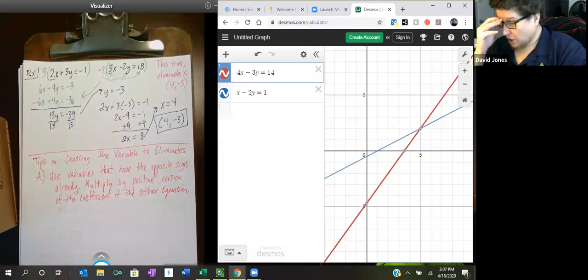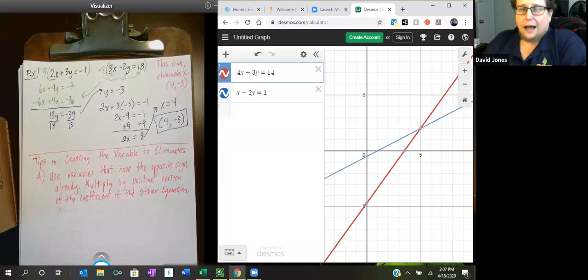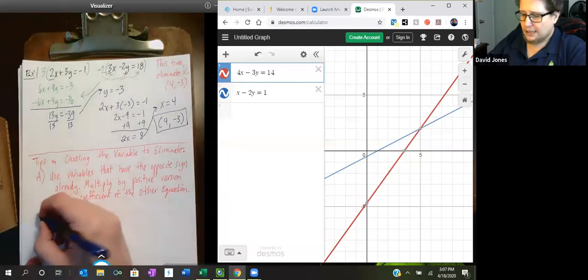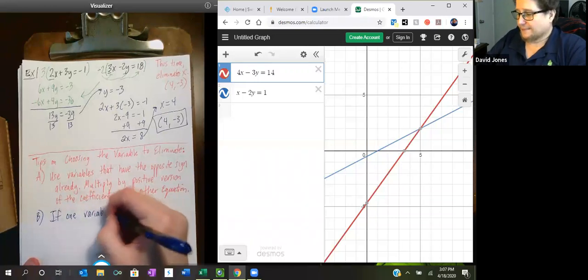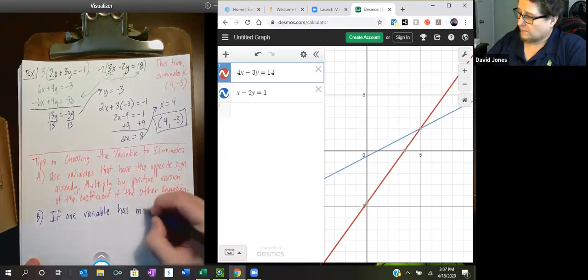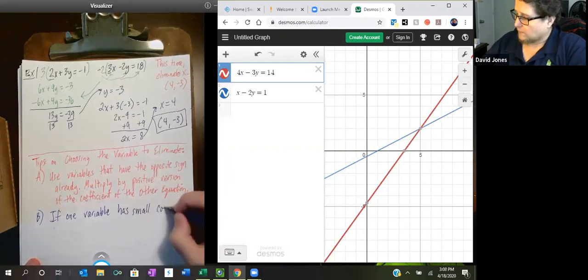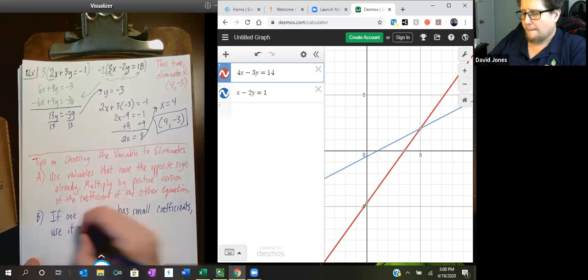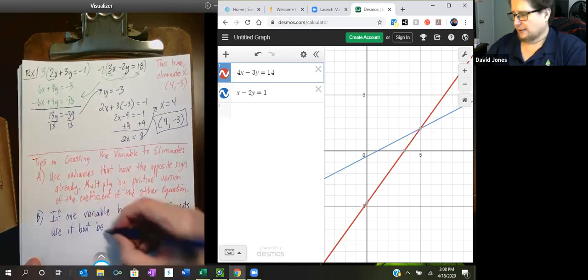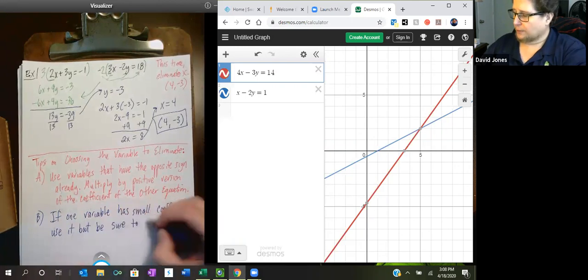That's usually one I go with, unless it happens to be that they're really big numbers already. Like if I've got 9 and negative 17, I don't want to work with those numbers. Multiplying is going to make big coefficients and it's going to suck. The other option, if one variable has small coefficients, use it, but be sure to introduce a negative sign in the multiplication.